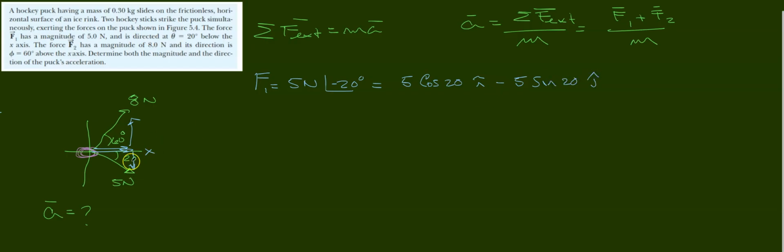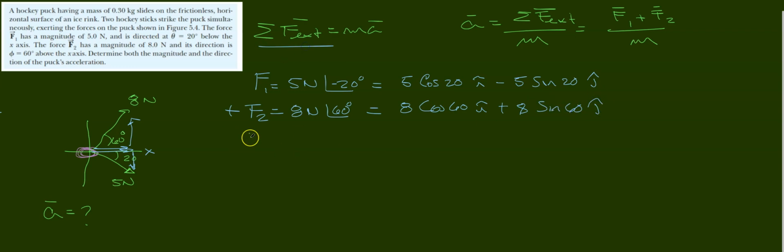Negative, because you see it's going in the negative y direction. At the same time, F2 is 8 newtons at 60 degrees, or 8 cosine of 60 i plus 8 sine of 60 j. Now we need to add the forces, so we add these two, sum of external forces.